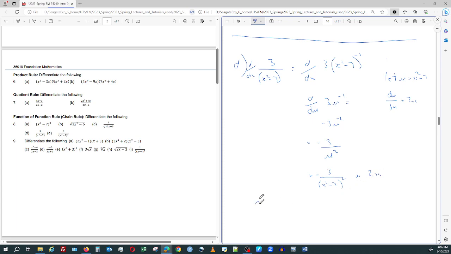So our final d dx is minus, so I'm being very careful where I put the equal signs, minus 6x over x squared minus 7 all squared. So that was D. Very good. Could have left the minus 2 up, but we didn't.